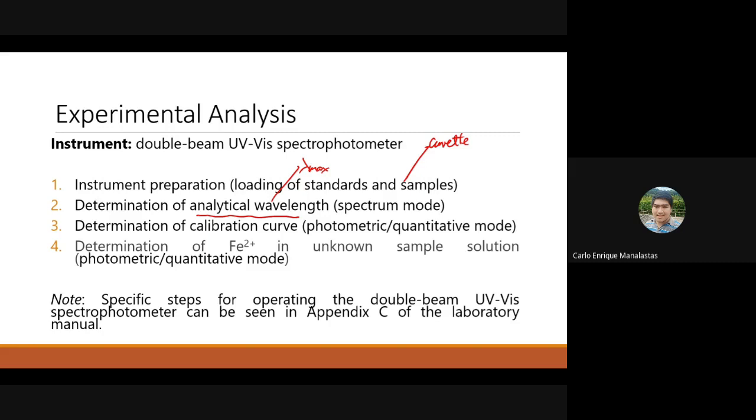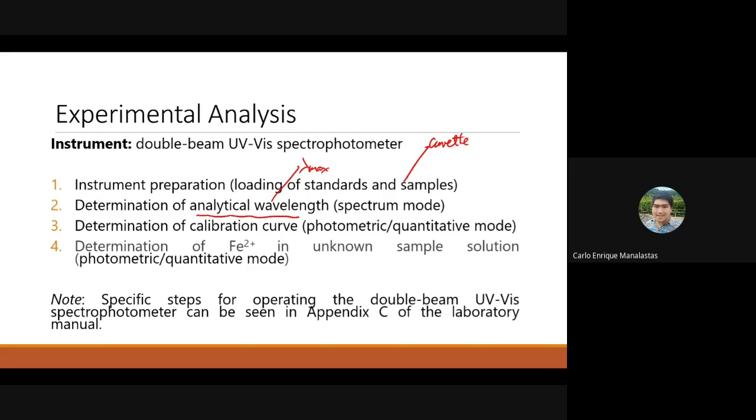After you've generated your calibration curve, you could now use it to determine the amount of your analyte in your sample. You'll just measure the absorbance of your sample solution at the lambda max, record the absorbance reading, and then plug it into the equation of the best fit line that you've obtained from your generated calibration curve.